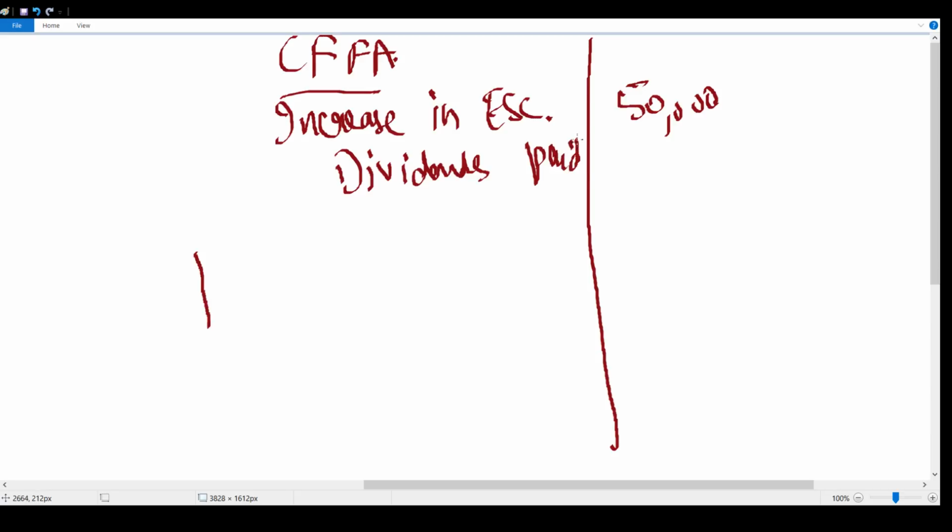Dividends paid was rupees 1 lakh of the previous year. Okay. Net cash flow from financing activities comes out to be negative 50,000.